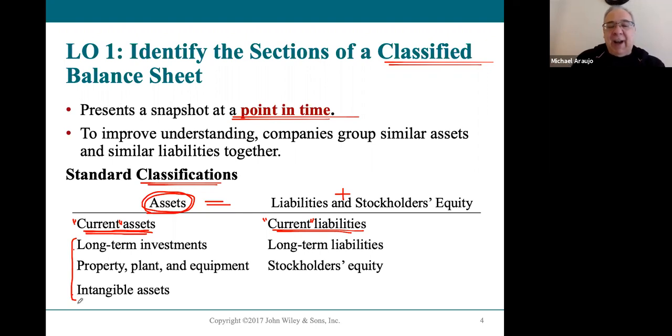So assets, these are resources that the business owns and will be using for longer than a year's period of time. So that could be literally a year and a half or 2 years, could literally be 20 or 30 years. And so any type of asset that the business owns that they're going to be using for anywhere from a period of over a year to upwards of 20 or 30 years or more is considered long term.